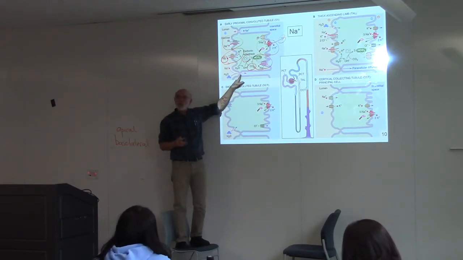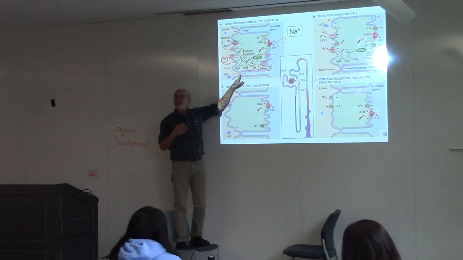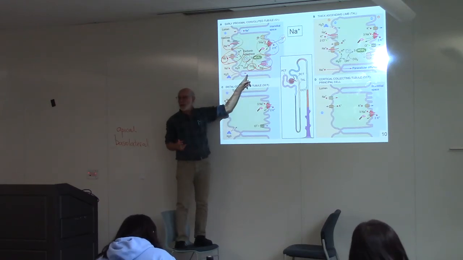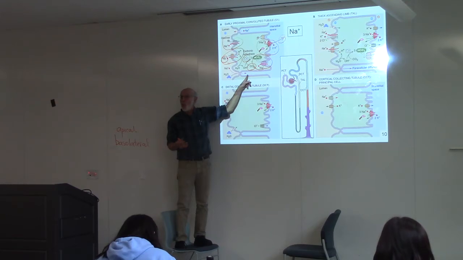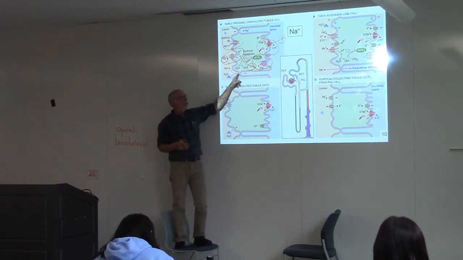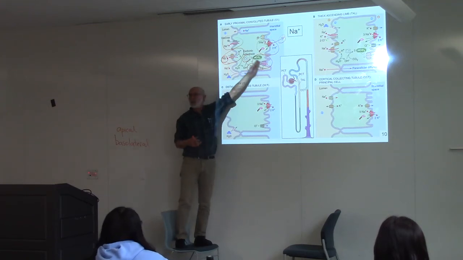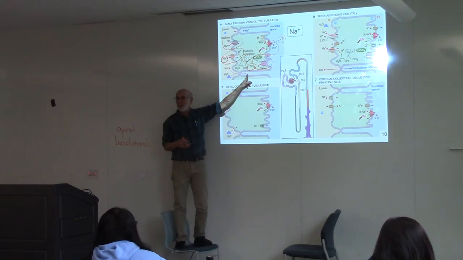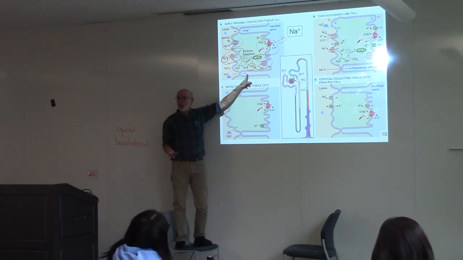Remember, we're in the proximal tubule and the epithelium is leaky. So if sodium is being pumped, water is flowing to accompany the sodium. And the water is flowing in this paracellular route. So this is called transcellular pumping of sodium, and this is paracellular flow of water.